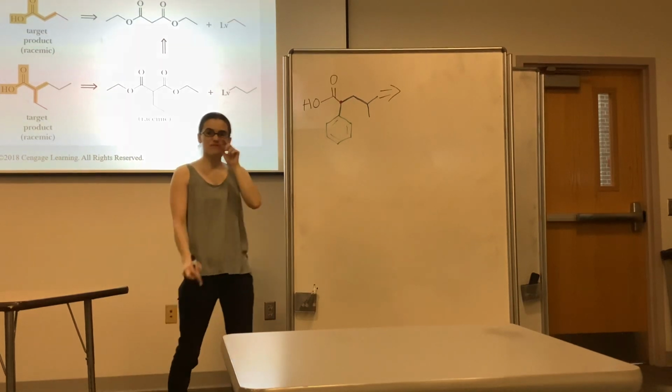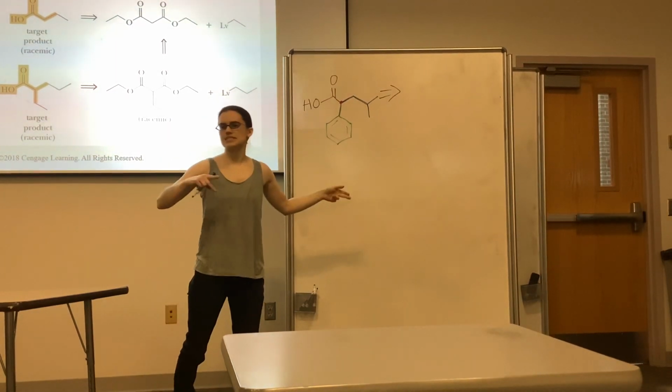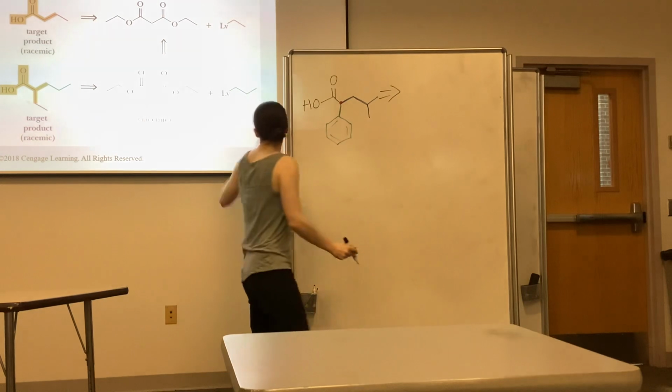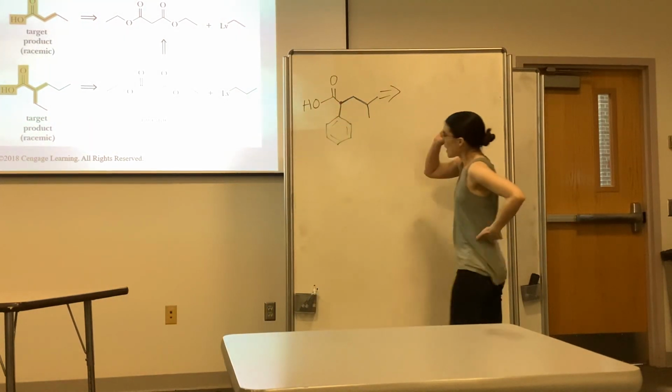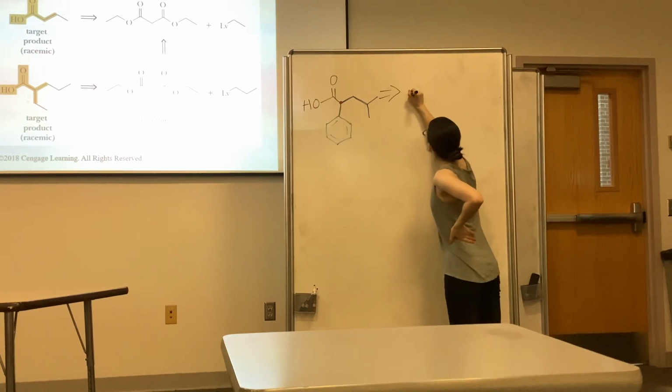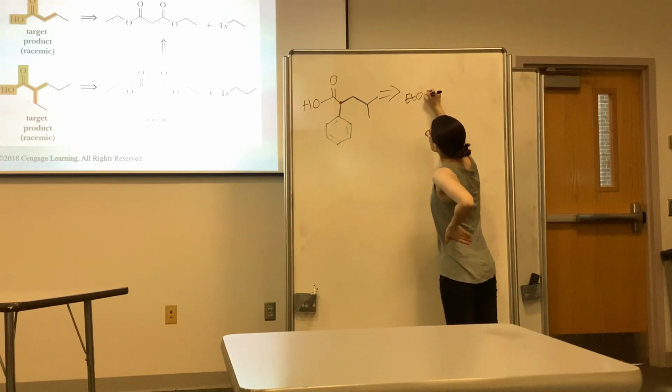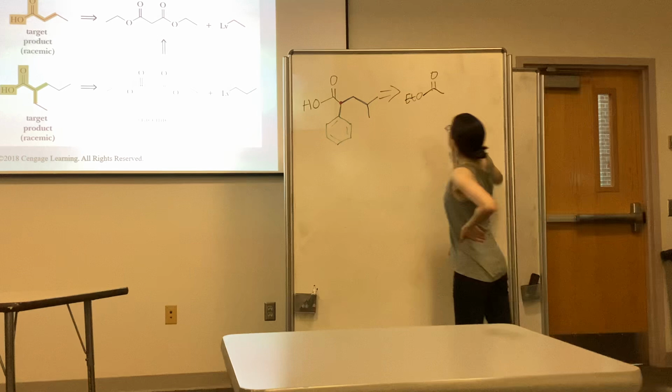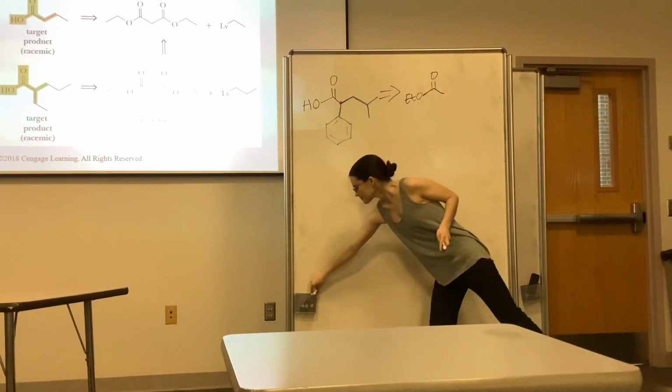So the first retrosynthetic step, or the first undoing of this, is to go back to our ester. So we're going to start with this, but now it's EtO, that, right?